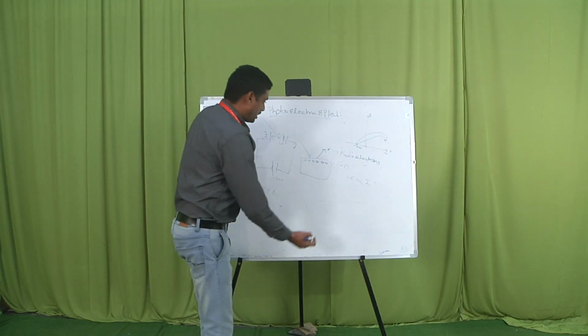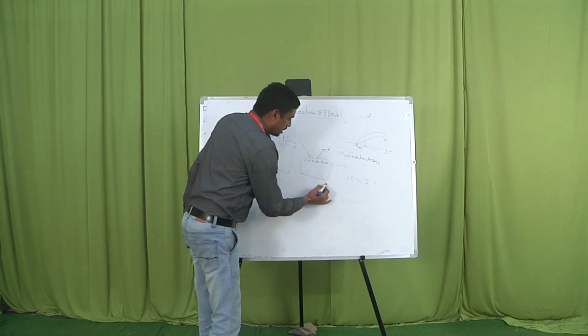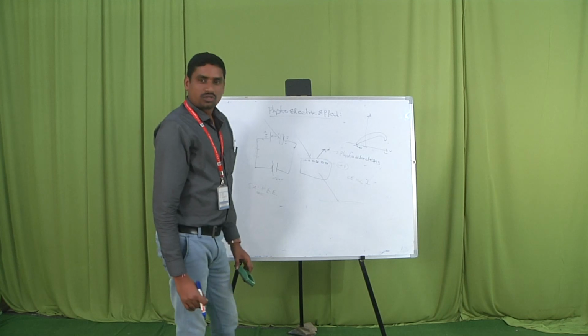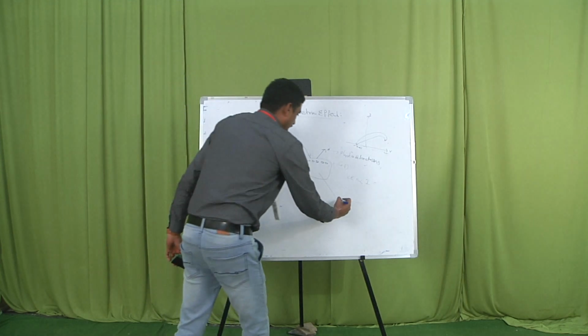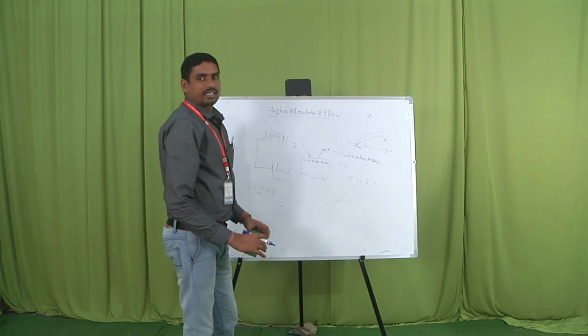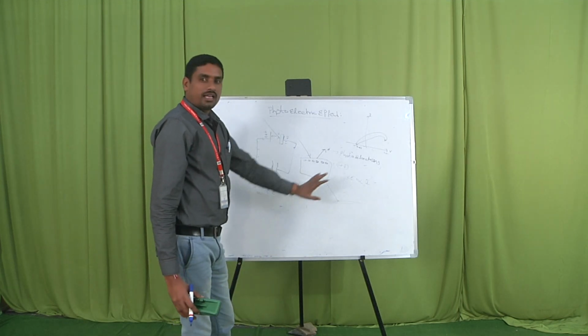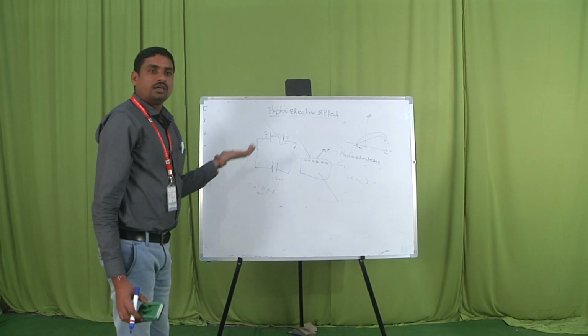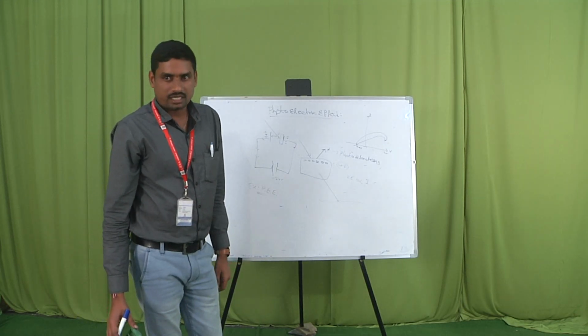When solar energy is incident on a solar panel, electrons are ejected and electricity is generated. Like that we are using the photoelectric effect in day-to-day life applications.